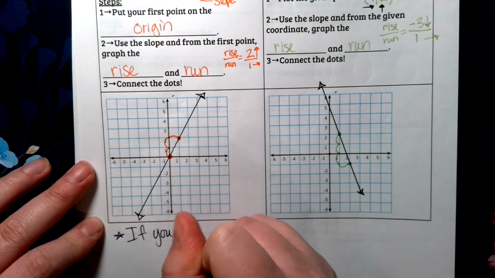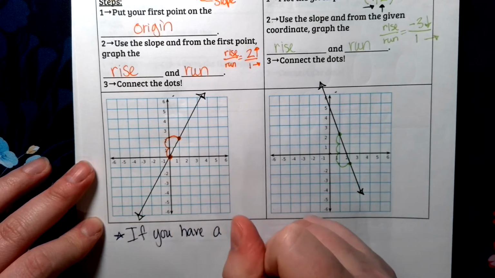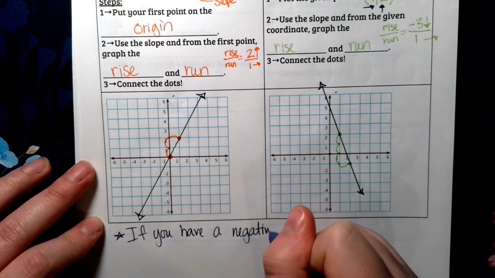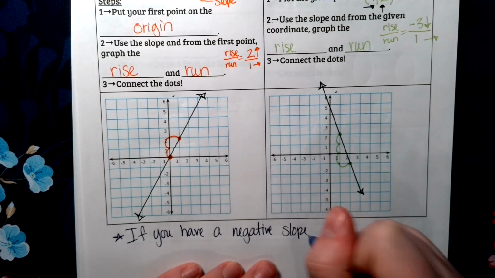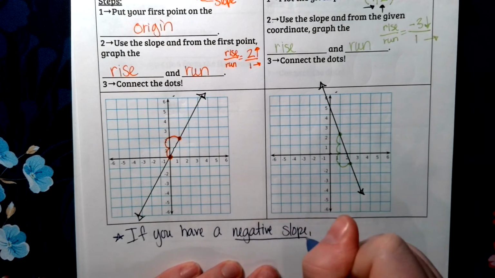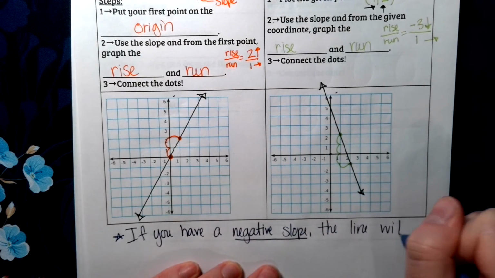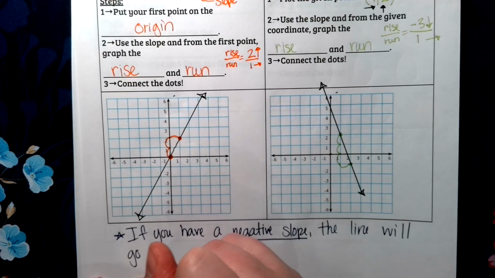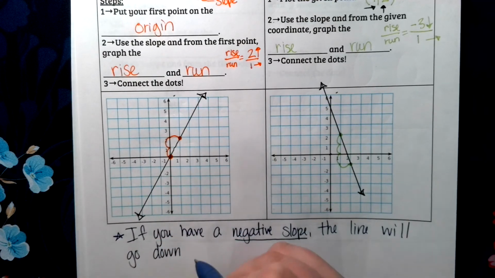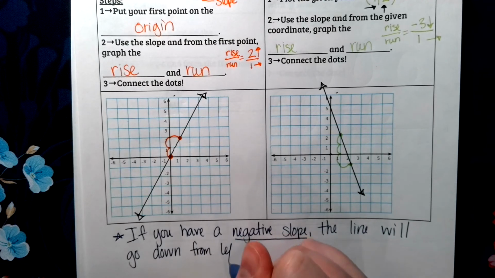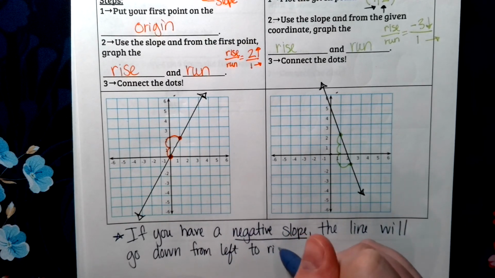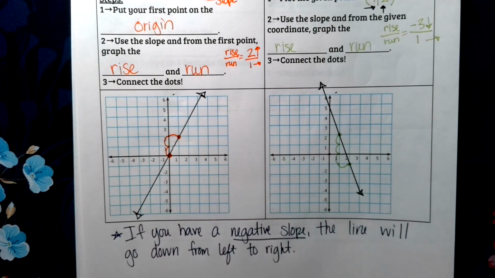If you have a negative slope, the line will go down from left to right.